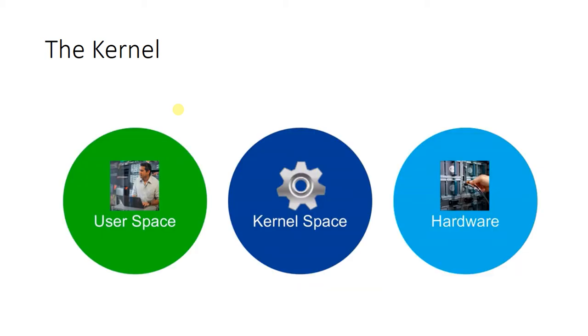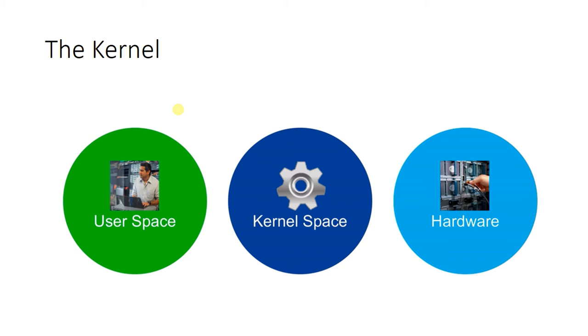Now, at a high level, if we were to just look at a system architecture, ignoring whether it is Ubuntu or Red Hat, there are three elements that we want to understand. The first element is the user space, the second element is the kernel space, and the third element is the hardware.